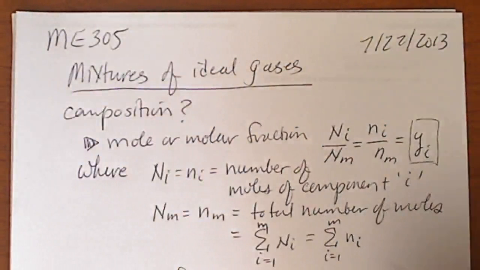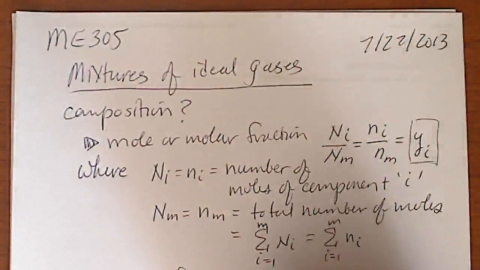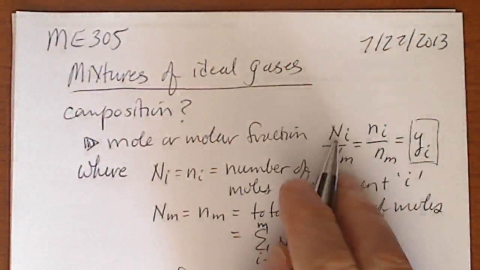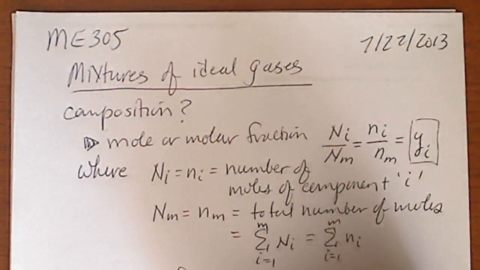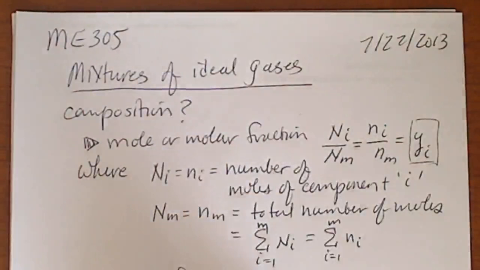And it has the same kind of definition that you might imagine, but instead of the number of moles, we're talking about the mass of each constituent. And that notation is a little awkward right there. But to be consistent, the subscript M refers to the mixture, and the subscript i refers to an individual component.